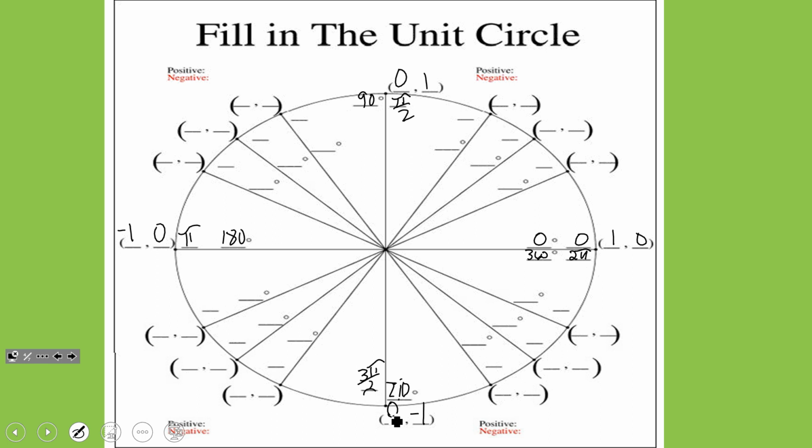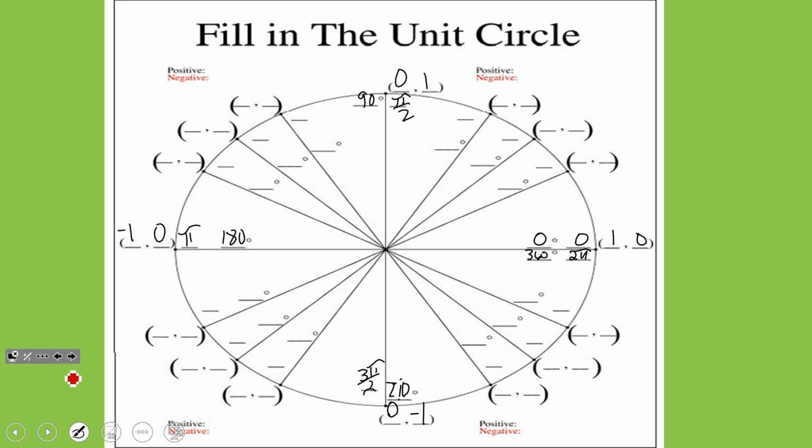Okay, so I want you to pick one of your colors. I'm going to choose red, and I want you to highlight the 45-degree angles. So what's the first angle we see? A 30. Okay, so the 45-degree angle is the one you should be highlighting with your color.